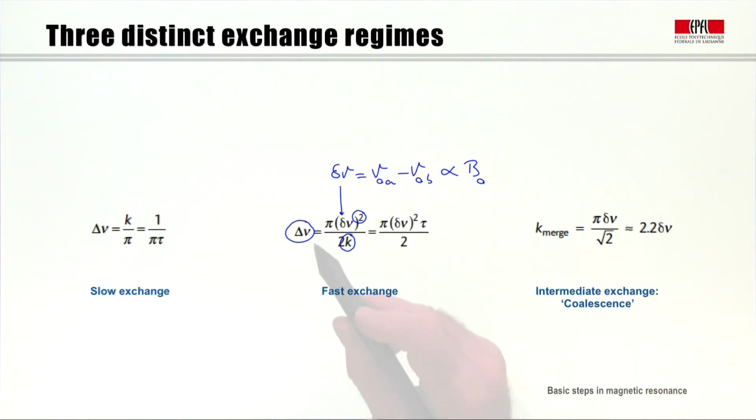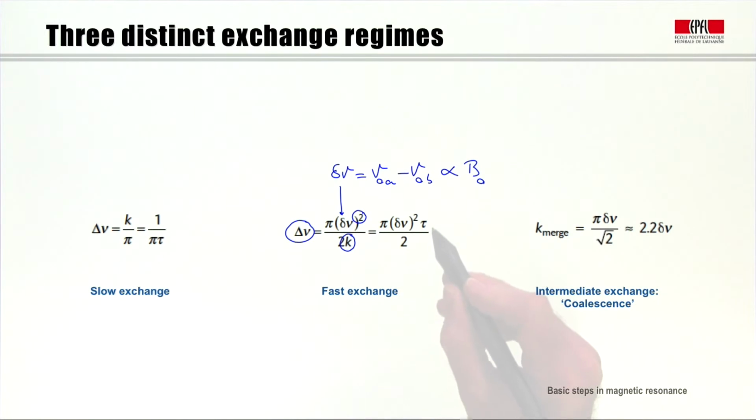You can also convert this equation by saying that the line width here, apart from the square of the difference in chemical shifts, is directly proportional to the lifetime of the states. And then we mentioned that halfway between the two, there is a critical condition called coalescence.